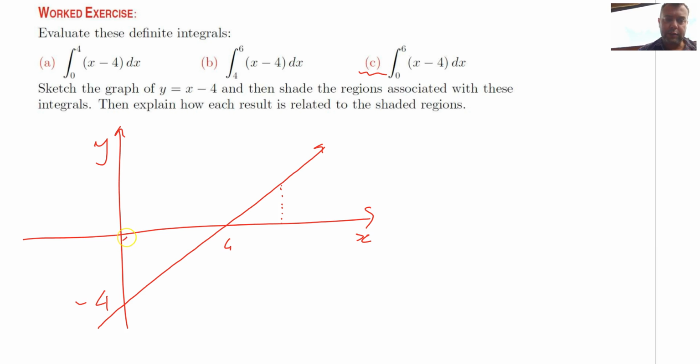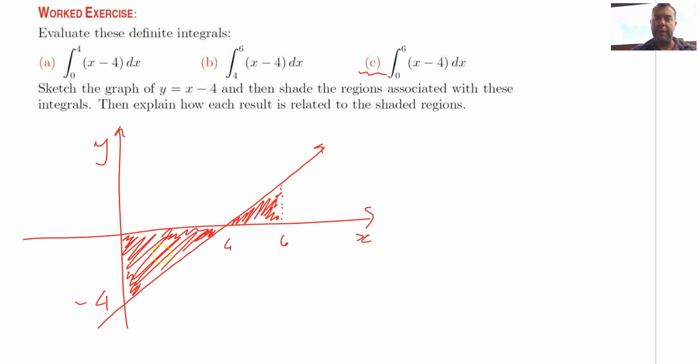My region is this fairly large triangle underneath the axis and a smaller triangle up here. So we are going to integrate this function from 0 to 6.